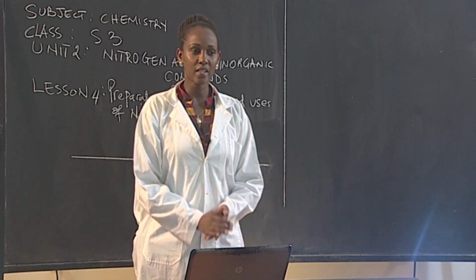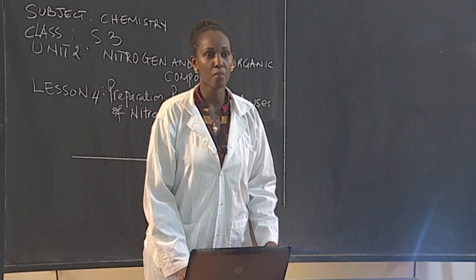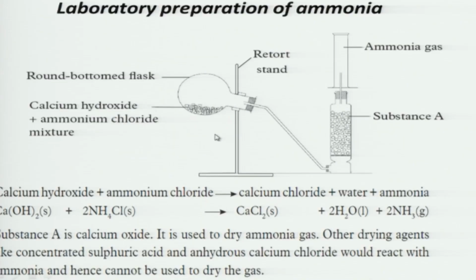So we start by looking at the laboratory preparation of ammonia. Look on the slide there. All right? So we can prepare ammonia by reacting... These are the reagents we use: calcium hydroxide and ammonium chloride.